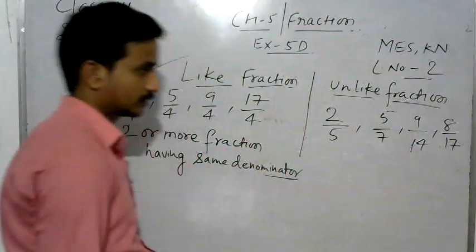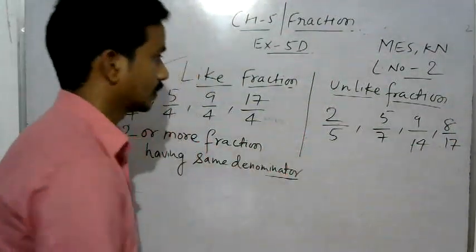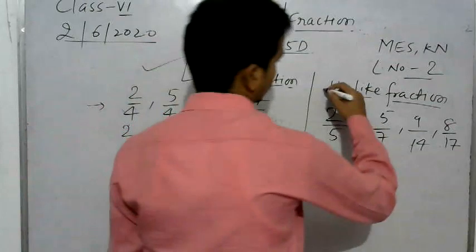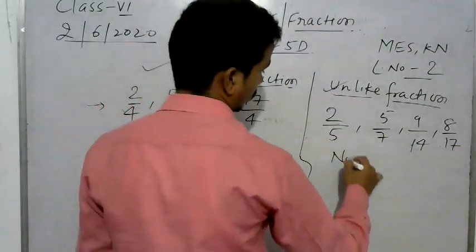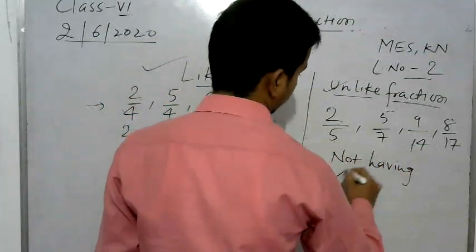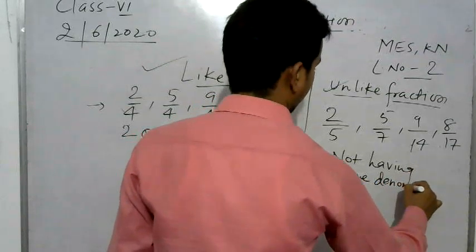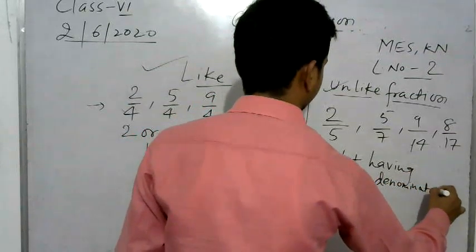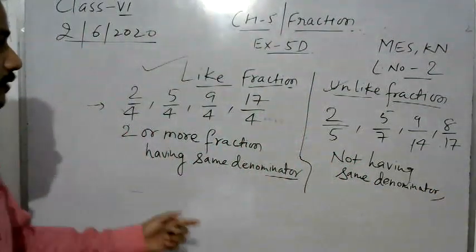So these are the fractions whose denominators are not same. So such type of fraction is known as unlike fraction, not having same denominator.